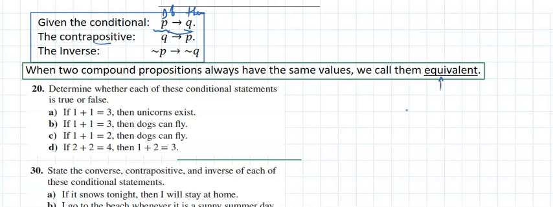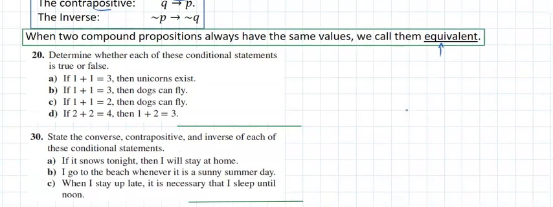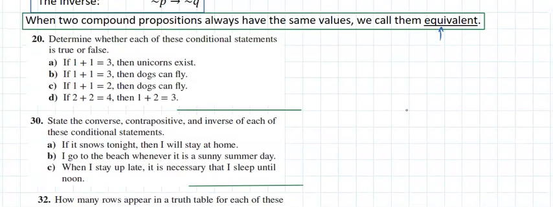So, looking at the next problems, determine whether each conditional statement is true or false. A, if 1 plus 1 equals 3, that's false, then unicorns exist. Unicorns don't exist. B, if 1 plus 1 equals 3, well, this is false, then dogs can fly.